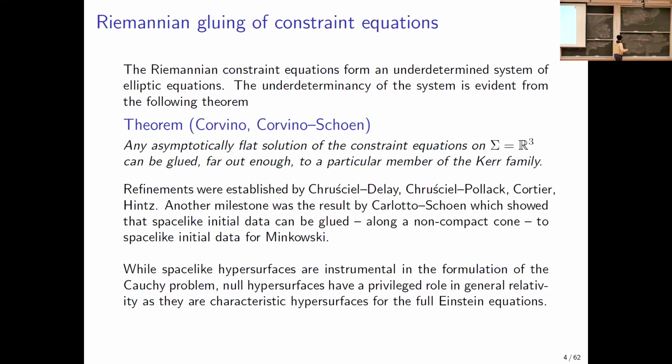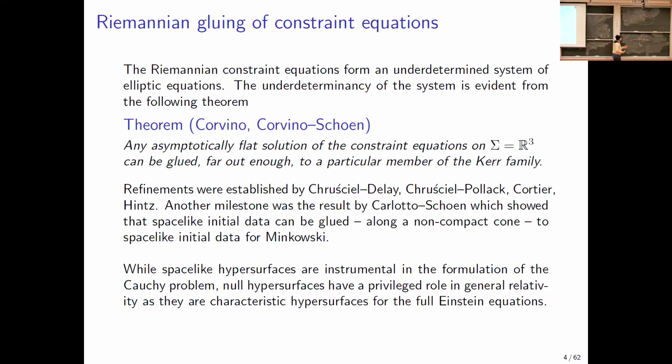And what happens is that given an arbitrary asymptotically flat slice, you can glue it asymptotically far, far away from any bounded region to a specific Kerr, okay? To some Kerr, not every Kerr. So you have to choose these parameters very carefully.